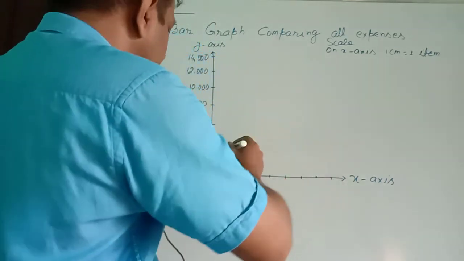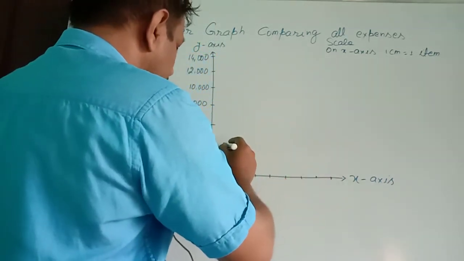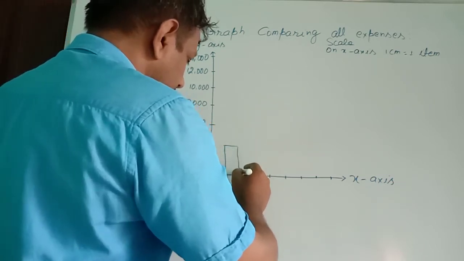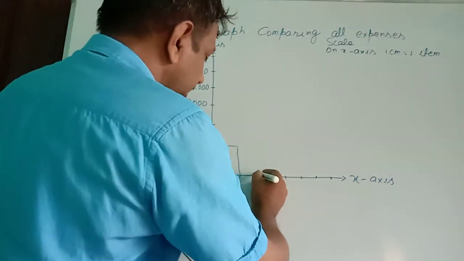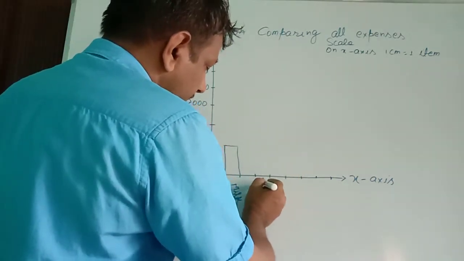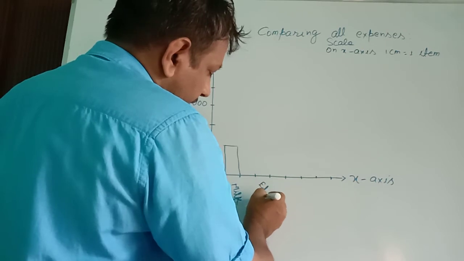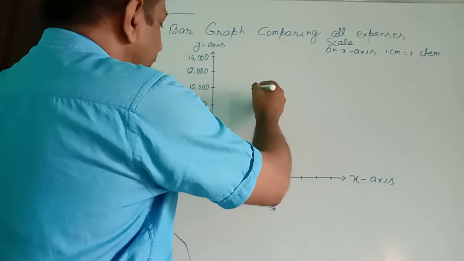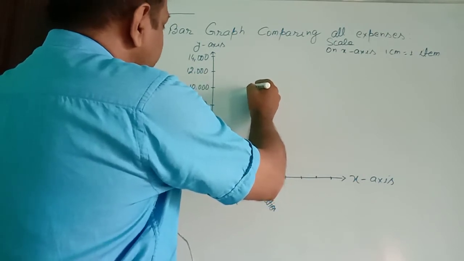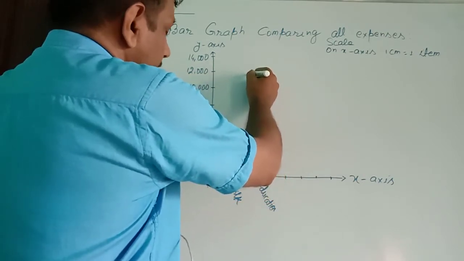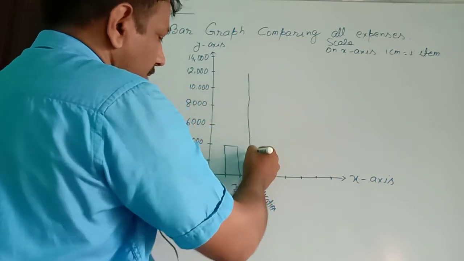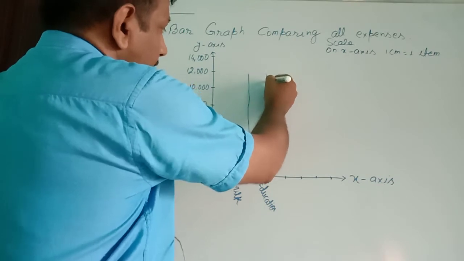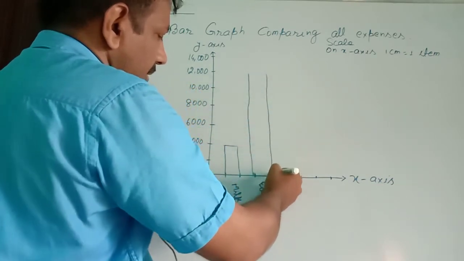Now expenditure on milk is suppose 4,000, so you will draw the rectangle. Second is education. This side you will write education. On education, your family is spending 12,000, so you will make this type of rectangle that will show expenditure of 12,000.